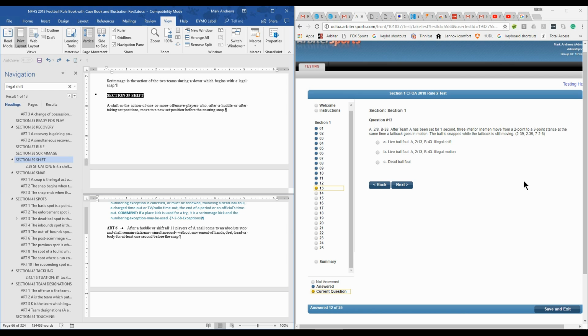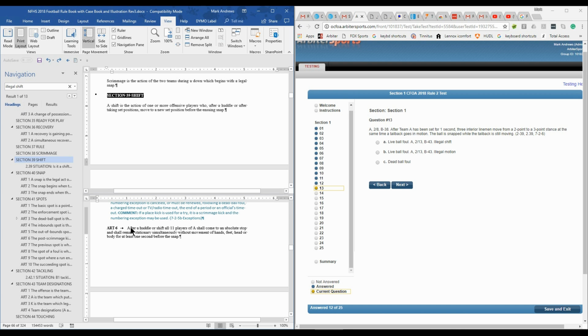Or after taking set positions and then moving to another position, they move to a new set position, that's a shift. Now, if they continue moving, that's motion. That's the difference. There's other differences, but the shift, the people moving, come set.